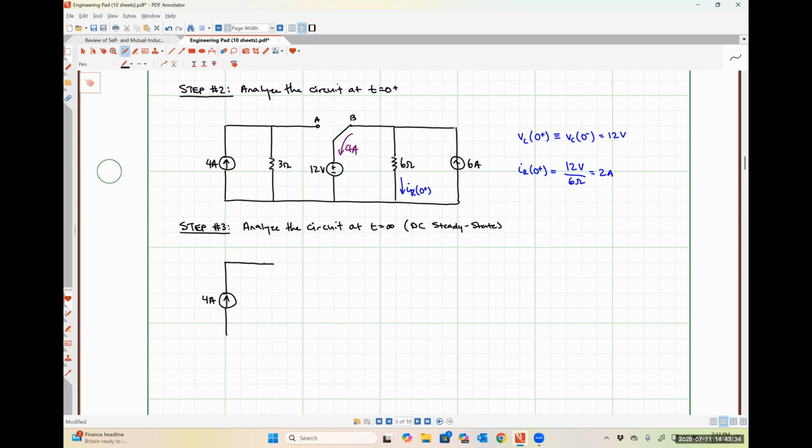We've got our 4 amp source in parallel with our 3 ohm resistor. Terminal A is still open circuited. Terminal B is still closed by the switch, but now our capacitor is an open circuit because we're at DC steady state. Here is our 6 ohm resistor.